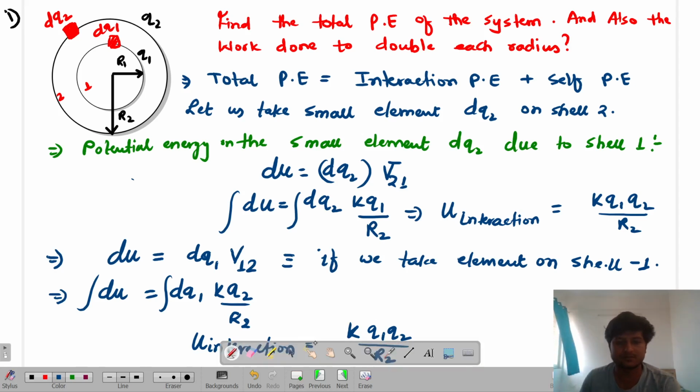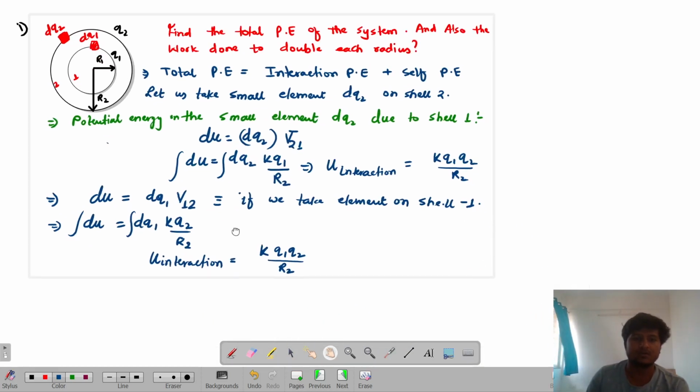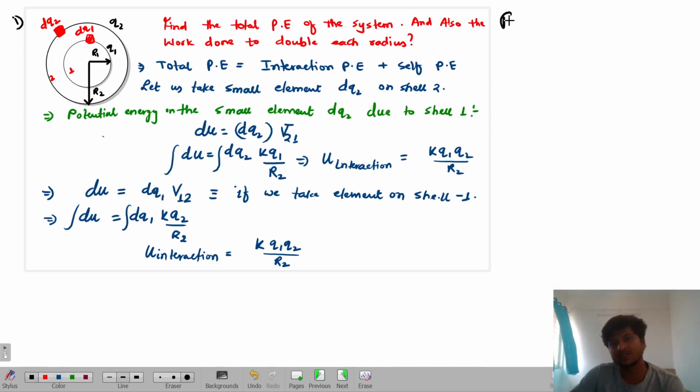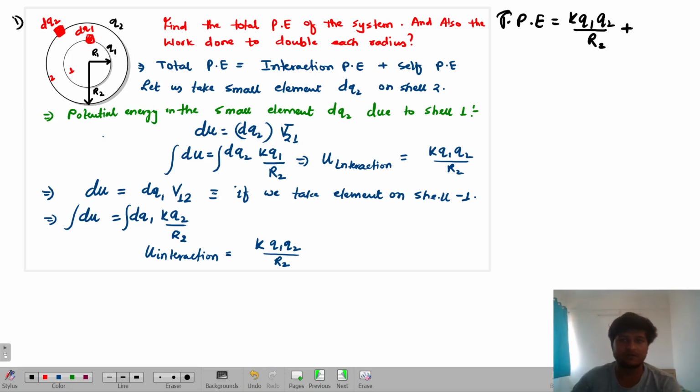So we can find the first answer, that is, what is my total potential energy. So total potential energy is the first interaction, which is k q1 q2 by r2, plus the self energy of the first sphere, which is k q1 square by twice r1, plus the self energy of the second sphere, which is k q2 square by twice r2.